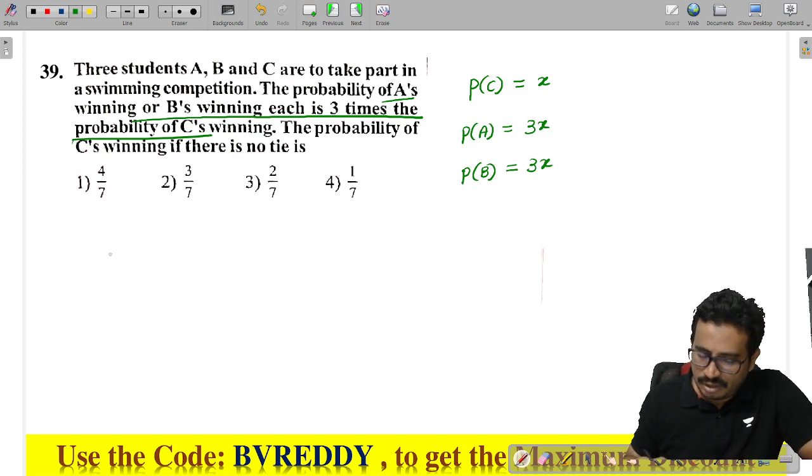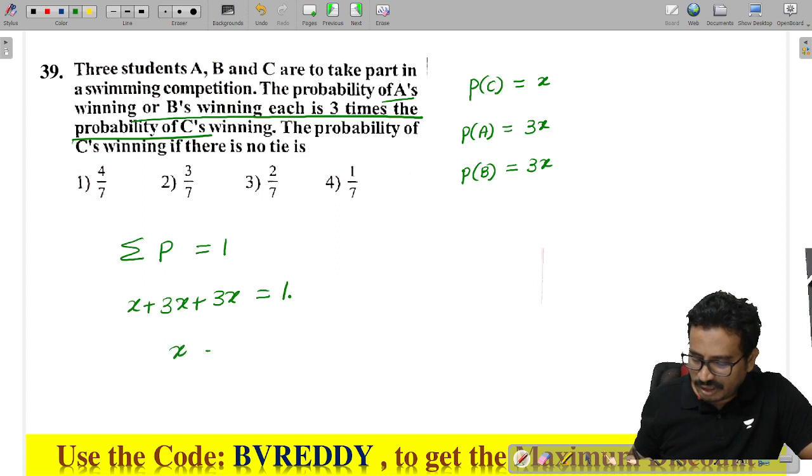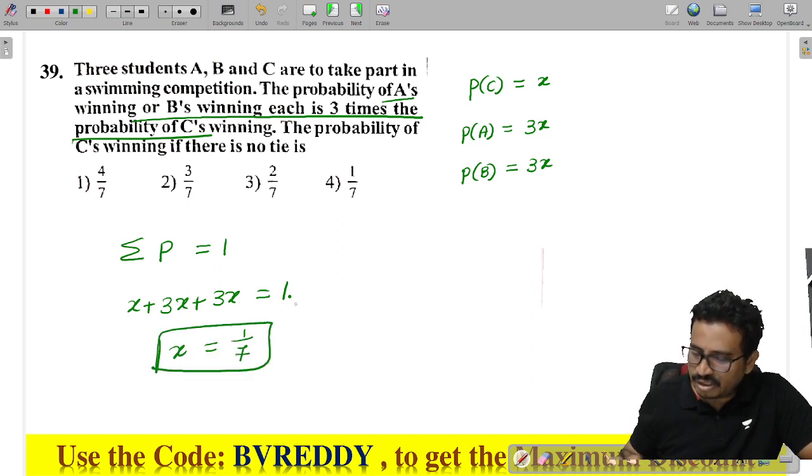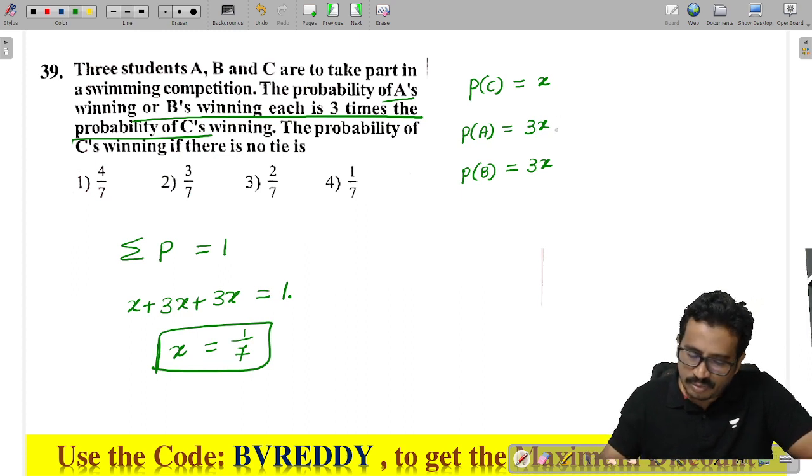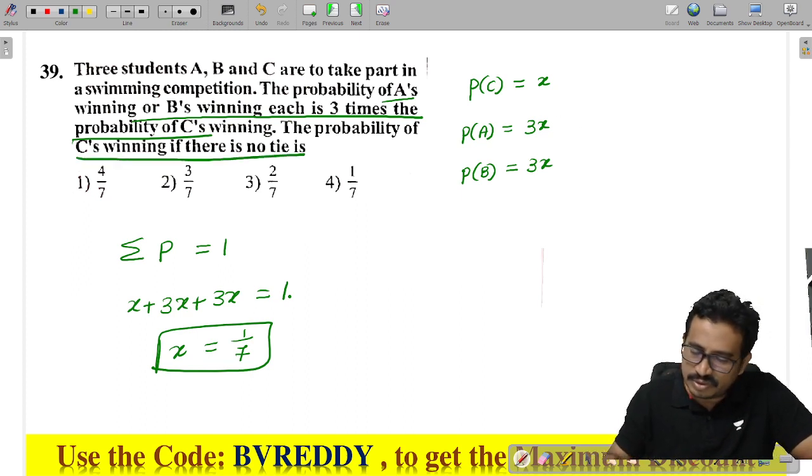As we know, the sum of all the probabilities is equal to 1. So x plus 3x plus 3x equals 1, so x is equal to 1 by 7. And X is nothing but the probability of C winning. They ask only C winning here, so the probability of C winning is 1 by 7.